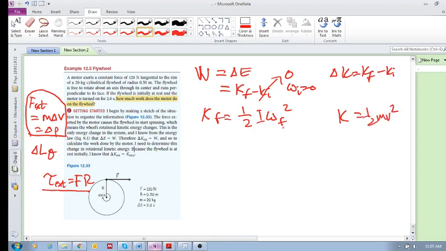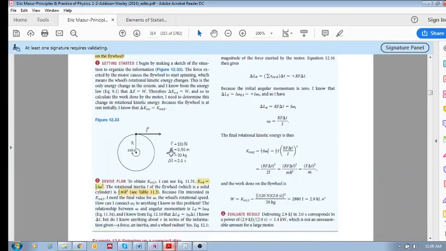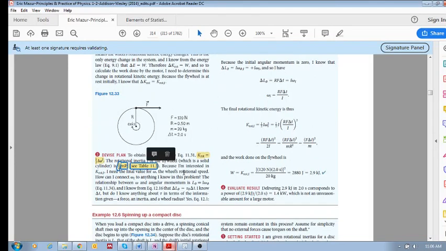So what is this? This is your rotational inertia. And for the most part, all you need to go to is, if I'm not mistaken, is it table 11.3 or 12.3? Hold on. Let's see here. Table 11.3.